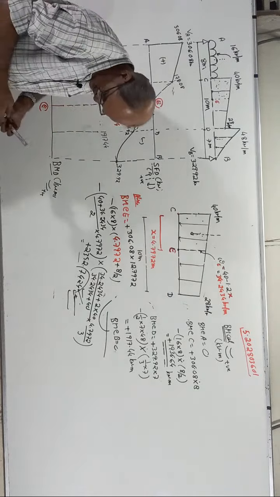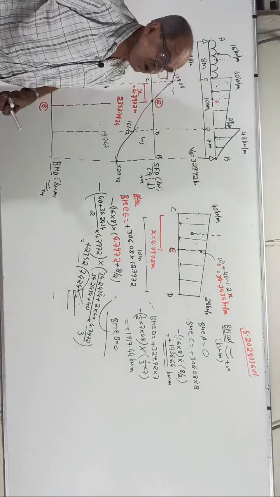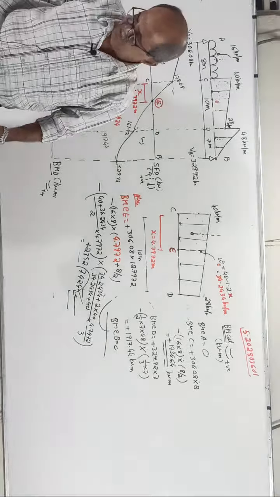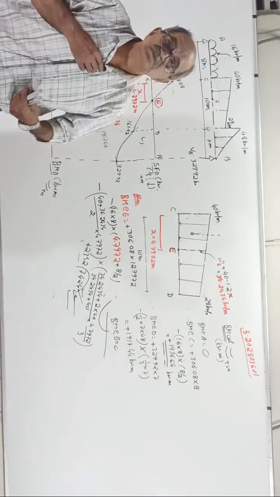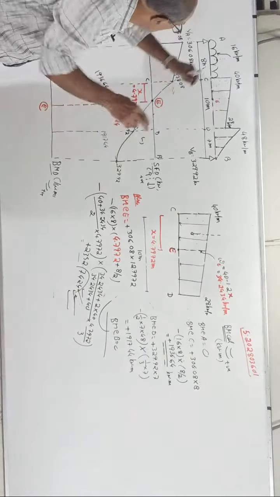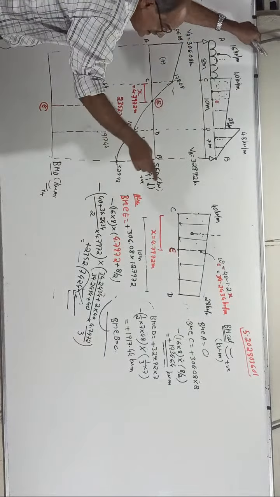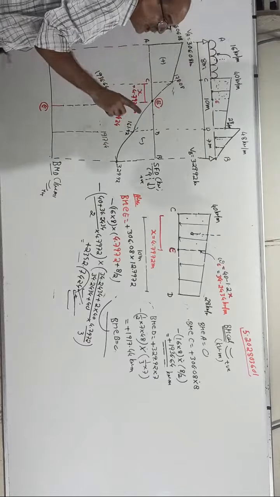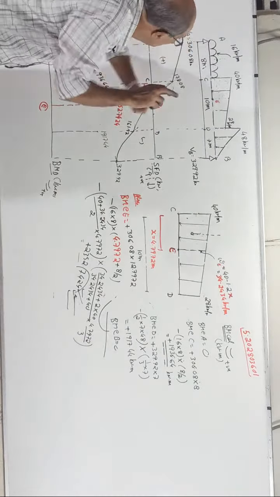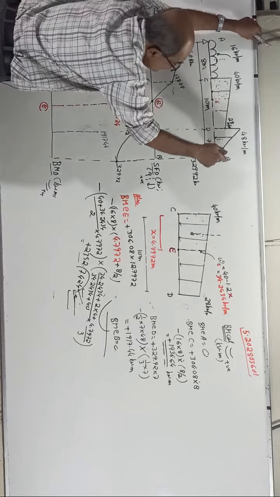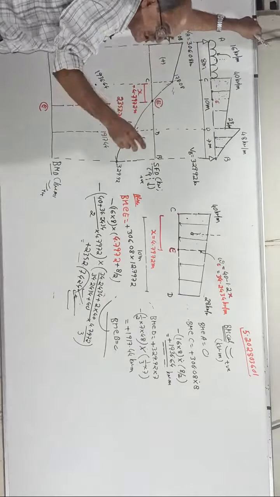See, the joining principle is very important. Remember, one comment I require from your side. Last comment I want. You should write one more thing here: variation of BM. A to C is a parabola of 2nd degree. C to D is a parabola of 3rd degree. D to B is a parabola of 3rd degree. Make a note.